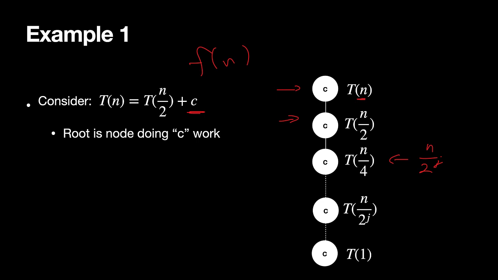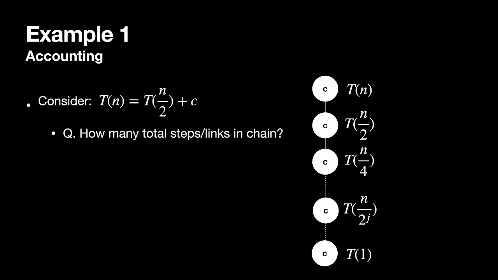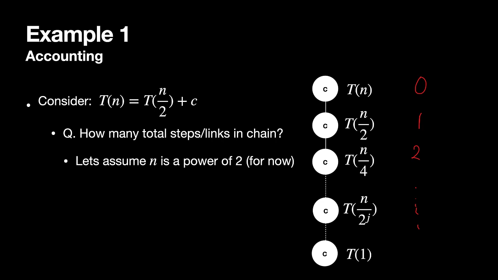This leads us to the question of how many total nodes are there here? So how many steps or links in this chain? We can consider this based on depth away from the root node. The first node we process itself is a depth of 0, depth of 1, depth of 2, and so on.